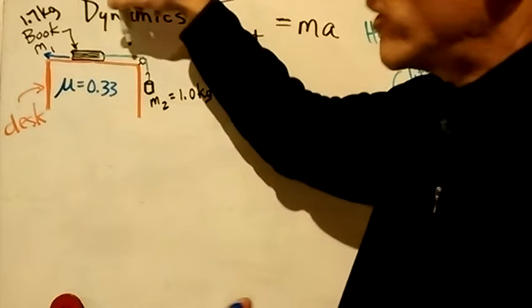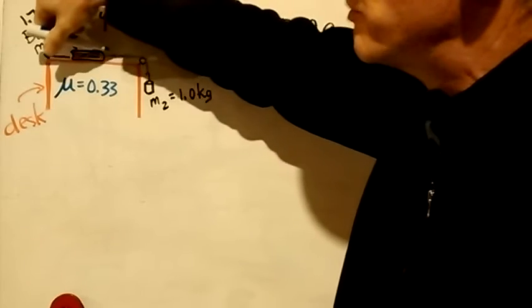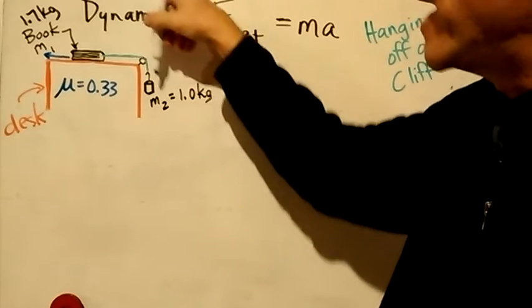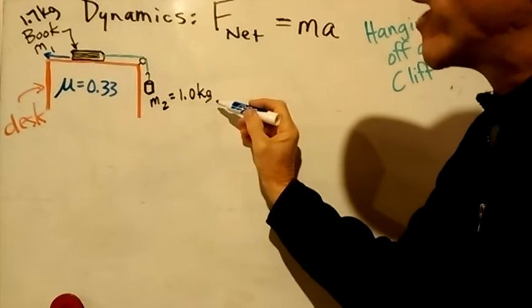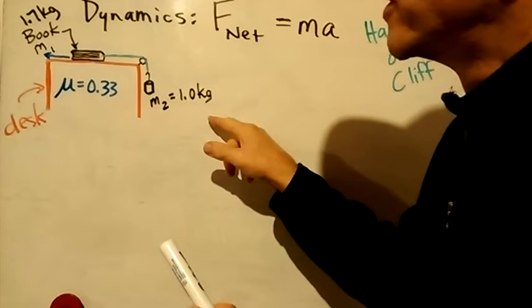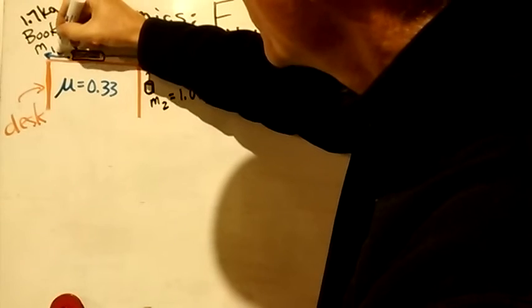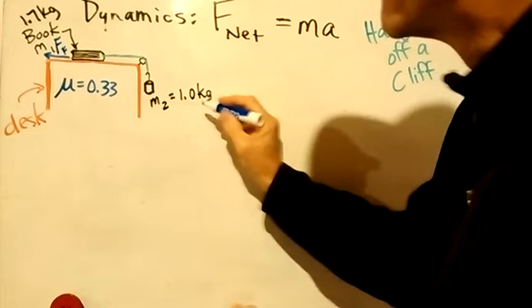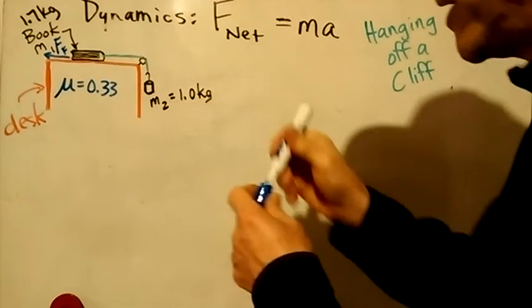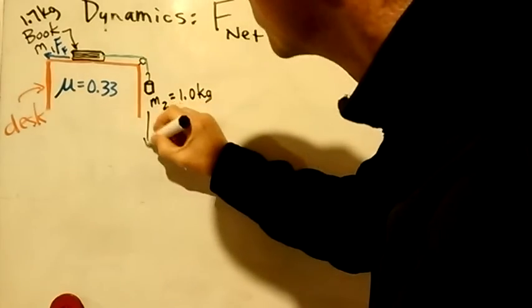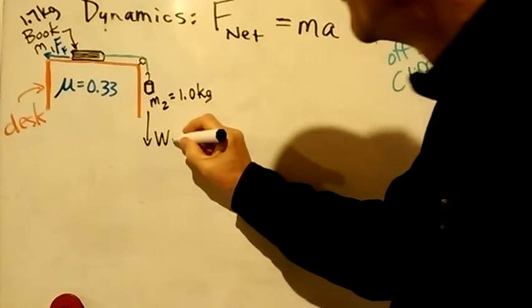And in the tug-of-war of forces, the force that's bringing the book to the right and eventually off the desk would be this 1 kilogram times 9.8, of course. So we've got force of friction right here that we have to calculate, and we'll also have to calculate the weight here of the mass, which is pulling it off the table.